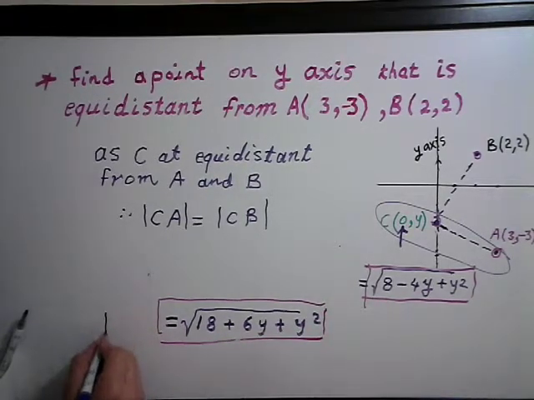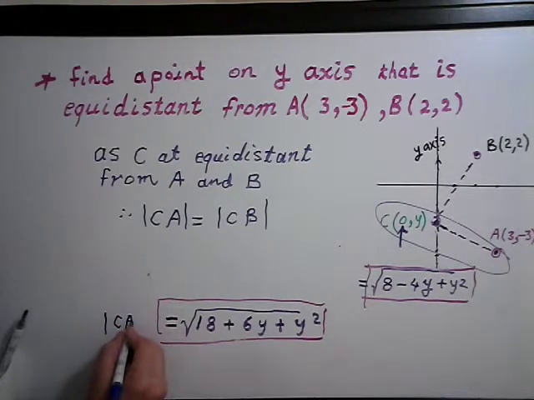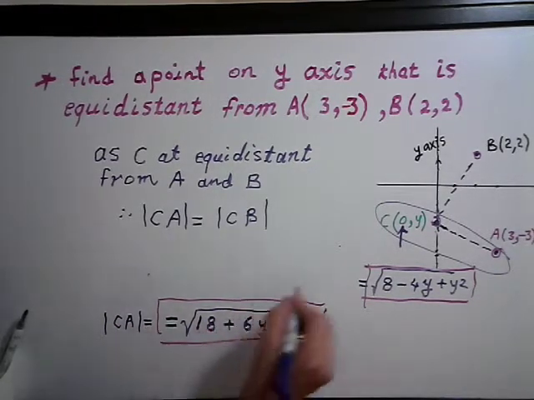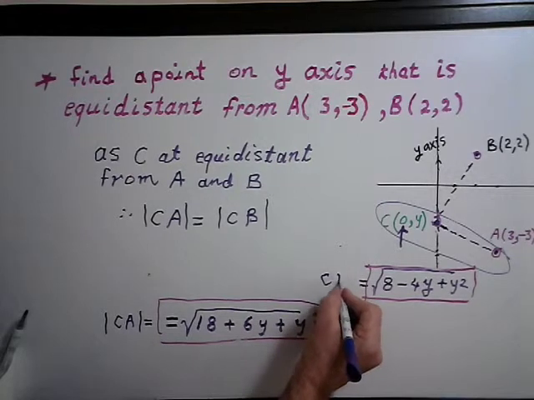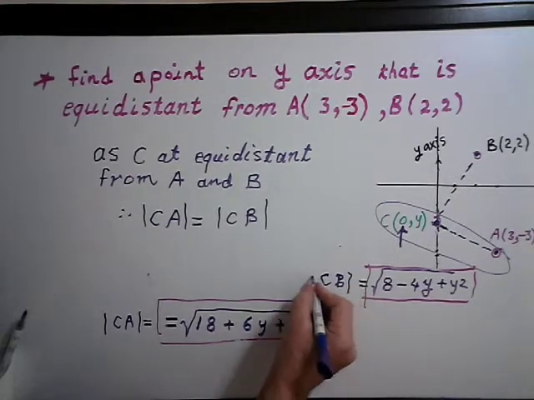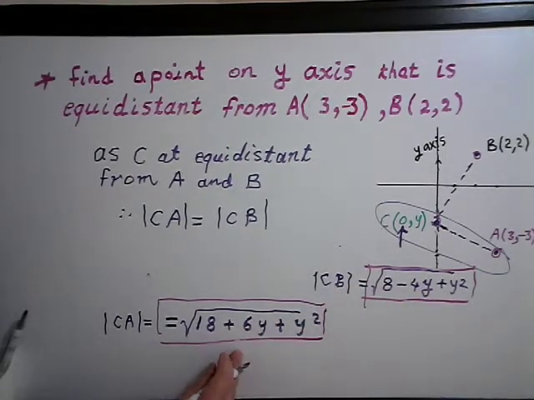This is the absolute value of CA, and here is the distance CB, absolute value also. Those will be equal.